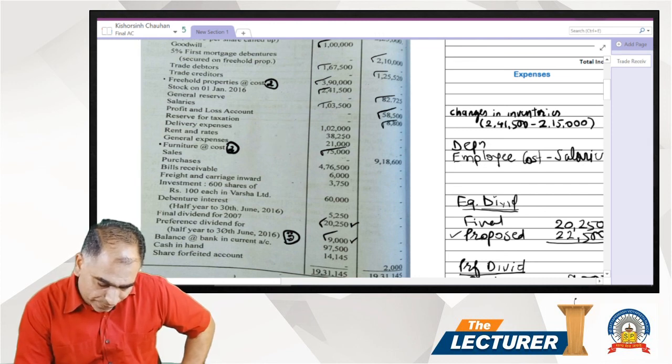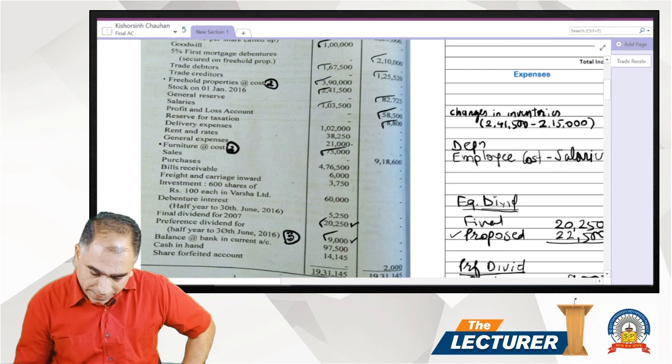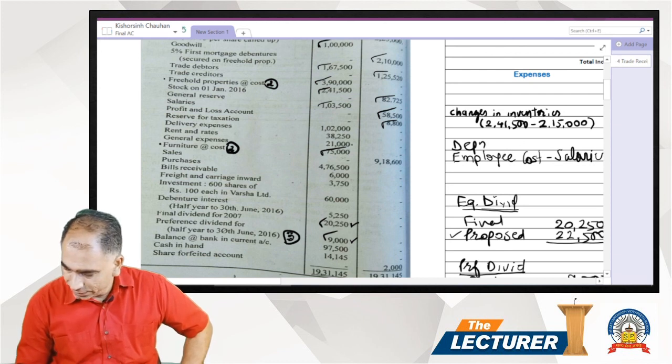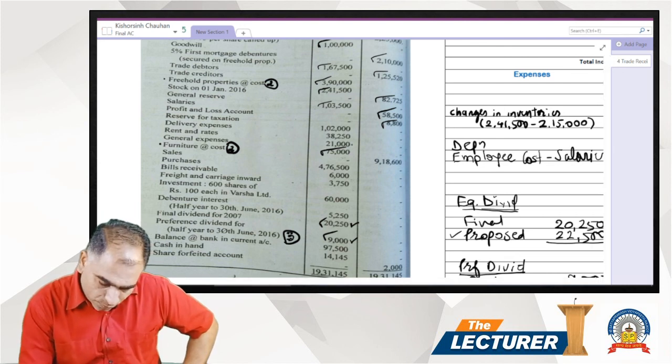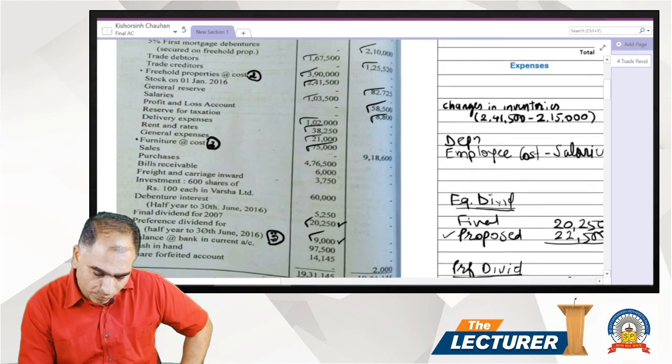Delivery expense, rent, general expense, these are all three expenses. We have to show them as part of other expenses, that is delivery, rent and general expenses.